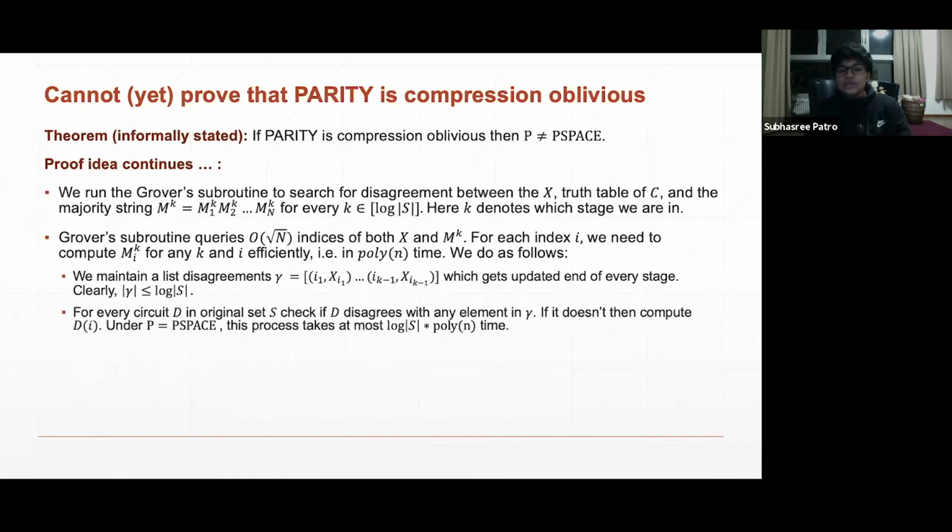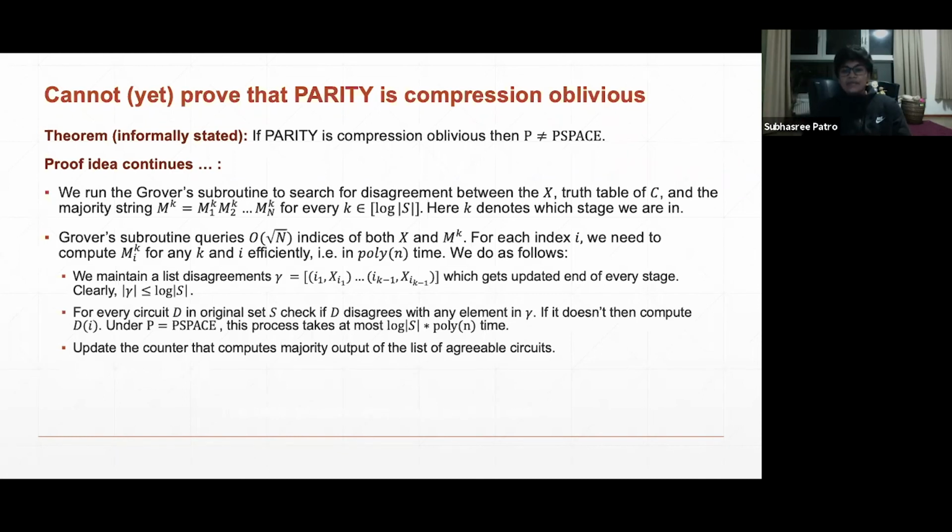So for every circuit, I can check this in log s times poly n time. Now, if my D_i was disagreeing with any of this already existing list, then I can discard it. I know that it is not there in my set S at the kth stage.